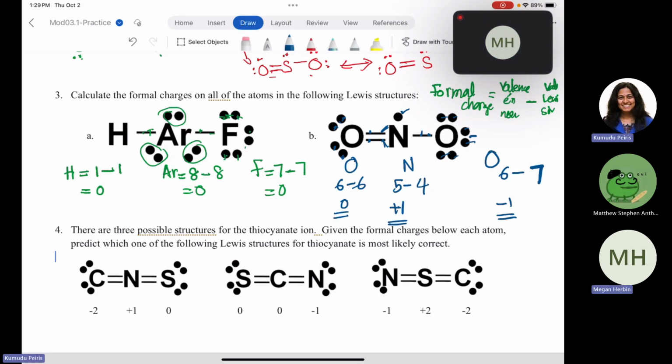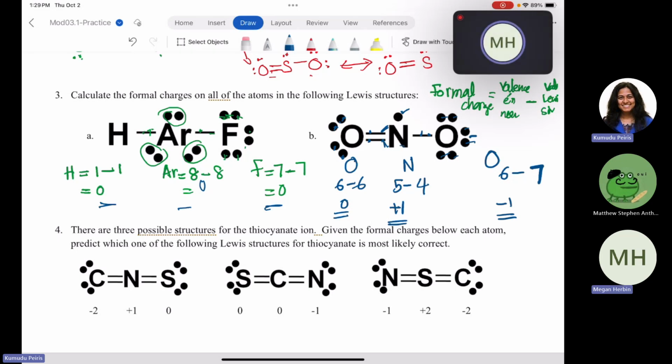No, when you are calculating the formal charges, as an example, look at the total charge. Look at 0, 0, 0 for this molecule. So the total charge of this molecule is zero. Net charge is zero.